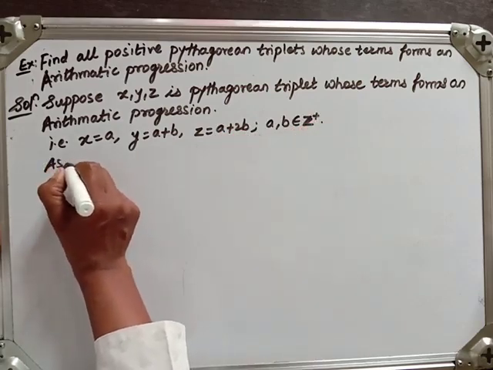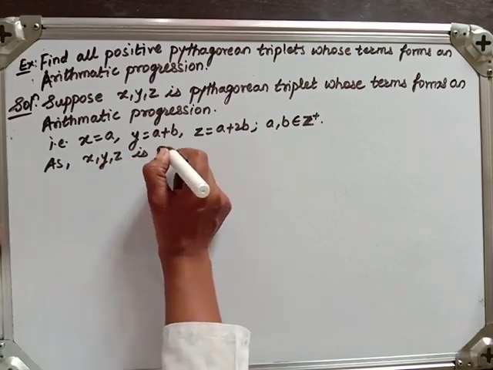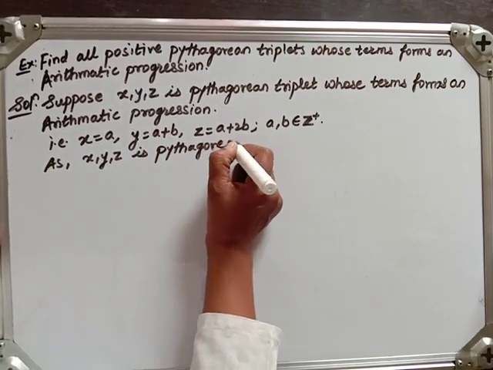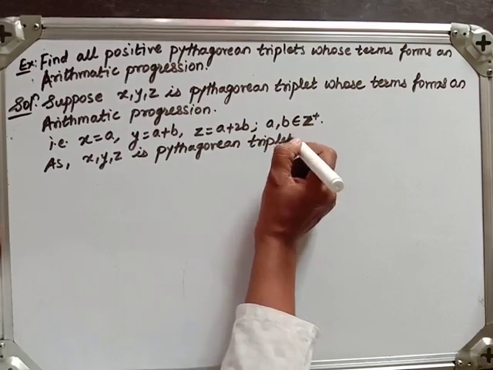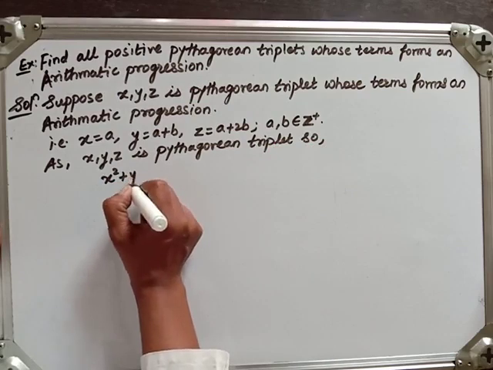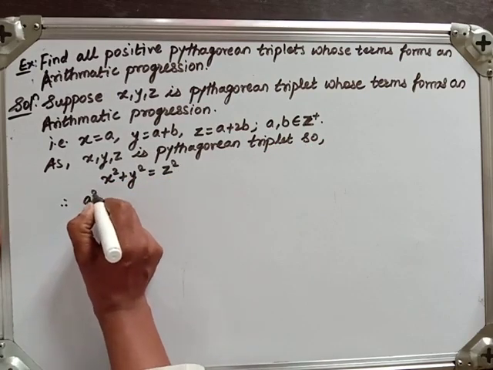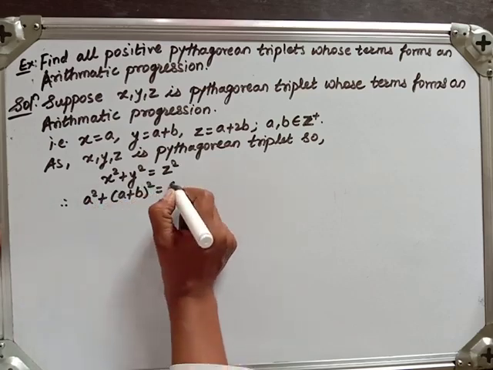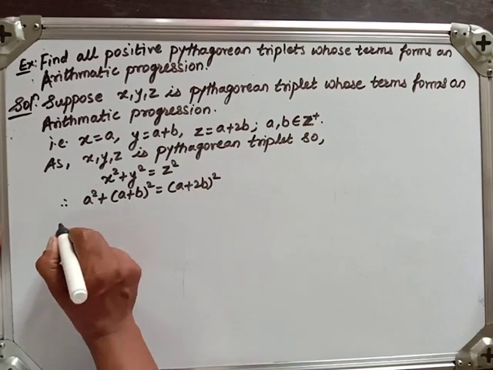As x, y, z is a Pythagorean triplet, so x square plus y square is equal to what? Z square. Therefore, a square plus (a plus b) whole square is equal to (a plus 2b) whole square. So, what does this give?